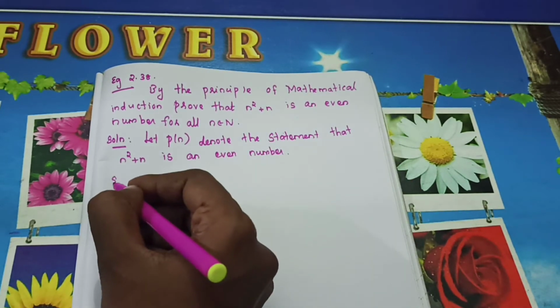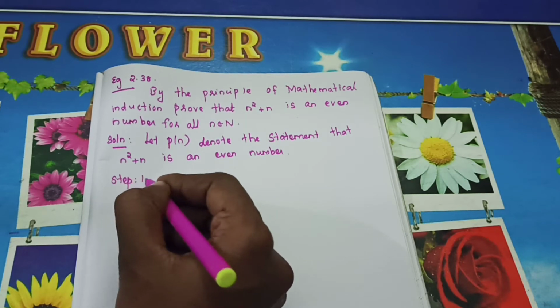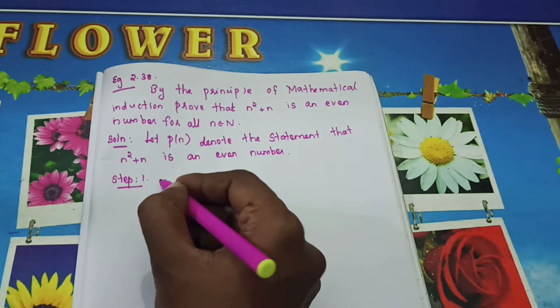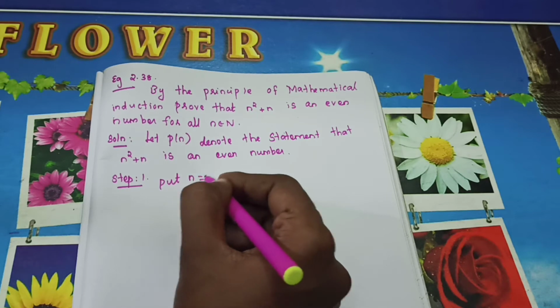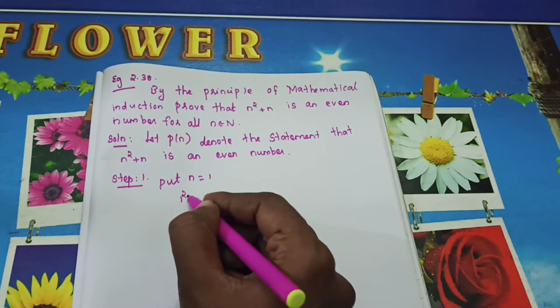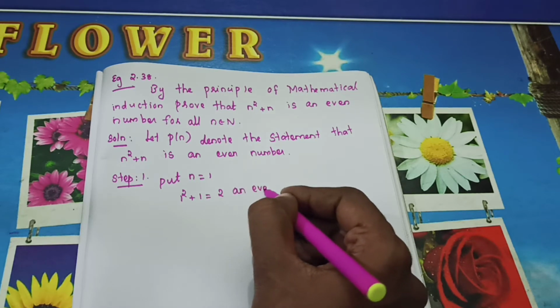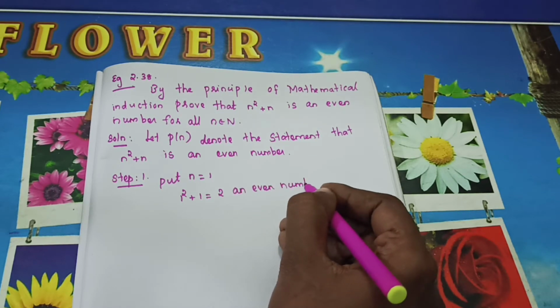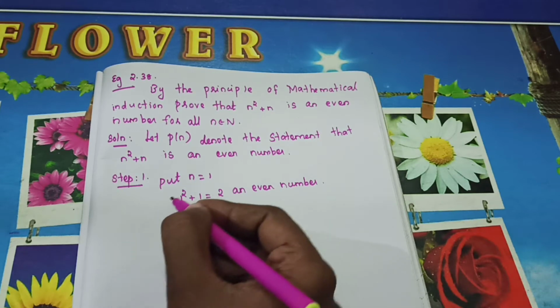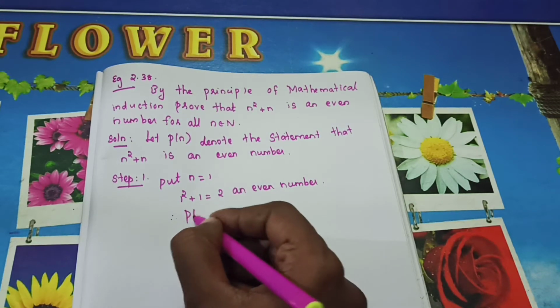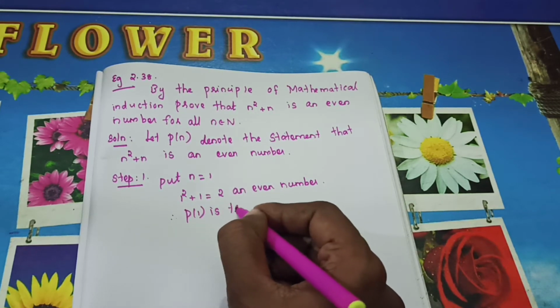Okay. So for step 1, what will you do? N equal to 1, is it right? So put n equal to 1. Substitute here n equal to 1. So 1 square plus 1 is equal to 2. Whether 2 is an even number or not? Even number. So what will you say? P of 1 is true.